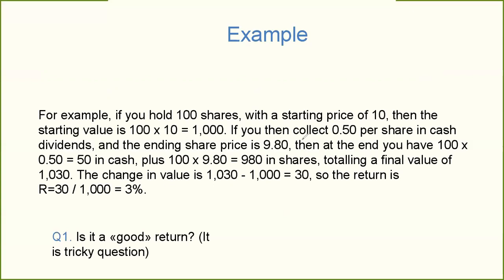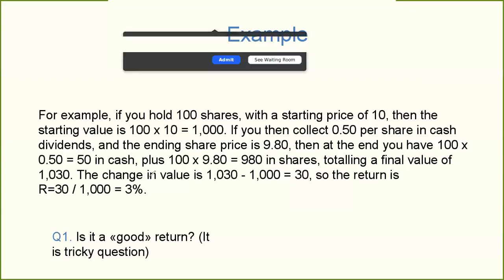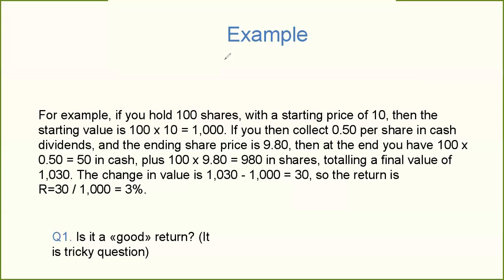If you then collect half per share in cash dividends and the ending share price is 9.8, then at the end you have a result: 100 multiplied by 0.5, it is 50 in cash, plus 100 multiplied by this price, totaling the final value. And after that we can find this change.